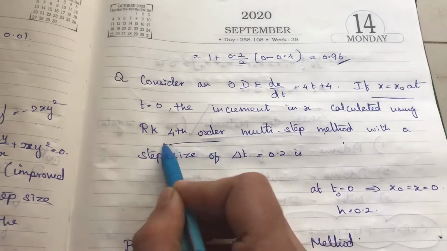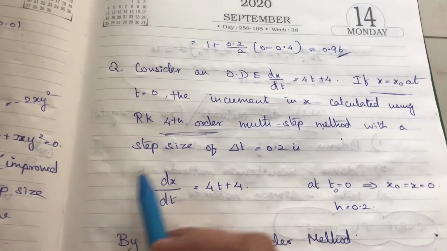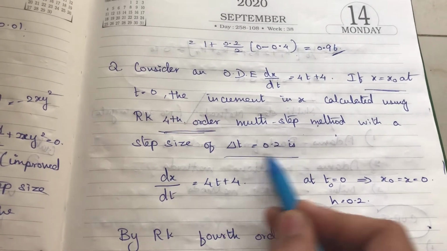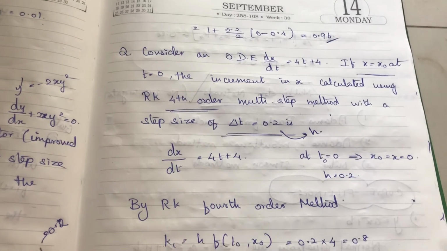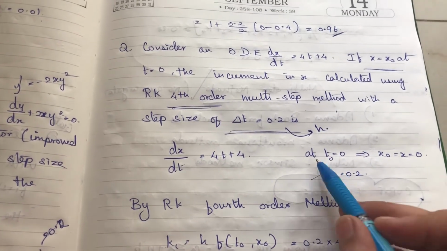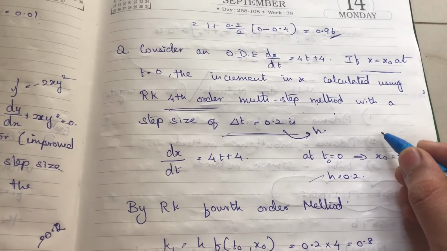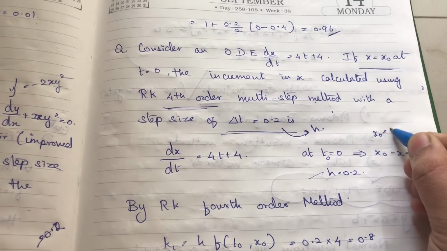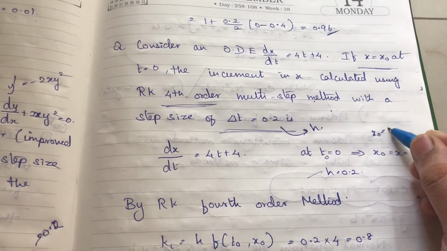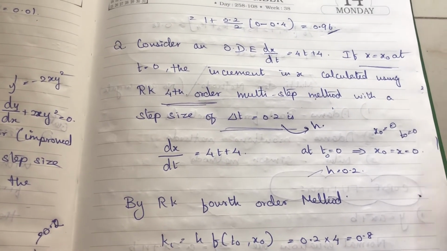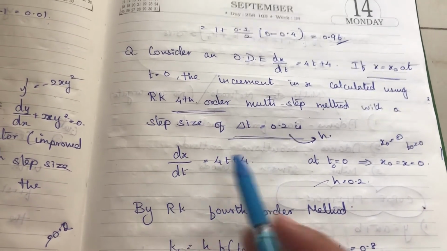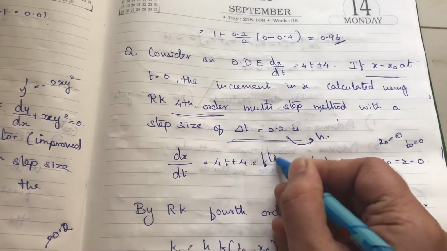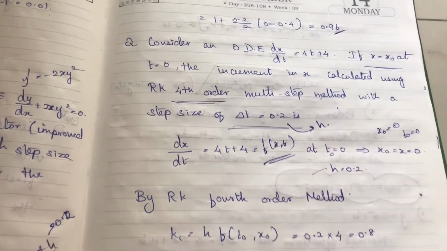So we need to use the fourth order method, with the step size del t, which is nothing but h. So we know the h value, and from this we can easily find the initial conditions. x naught is 0 and y naught is also 0 here, okay. And this is the function, which is nothing but f of x, t, right.